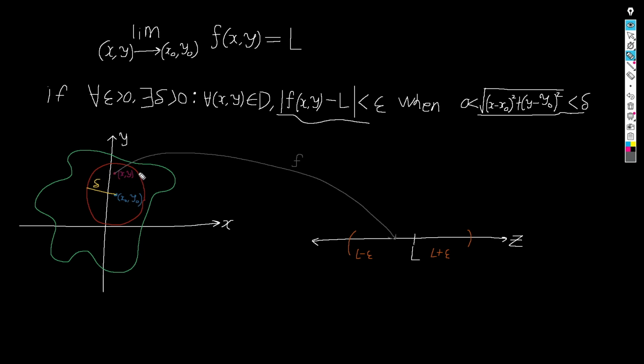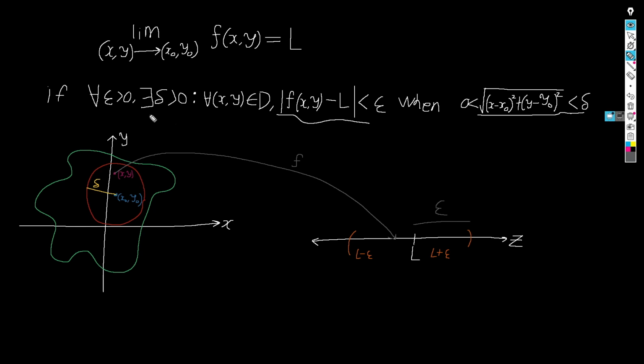And that point always maps to a point on this interval on the z-axis. And we can see that the absolute value of f of x, y minus L is always going to be less than epsilon, since here this length is just epsilon.